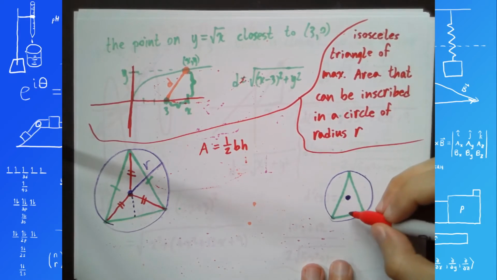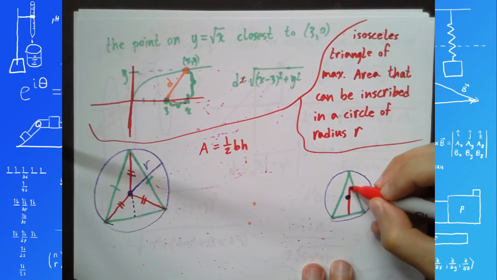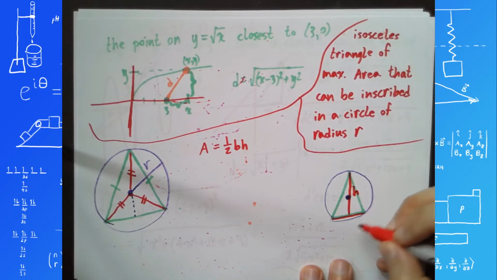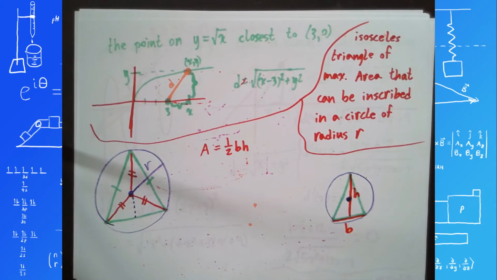Let's say I define this as the height of my triangle and define this as my base. And let's see, does that help me in any way? I mean, it fits our area formula, 1/2 base times height, but what else can I do with it?